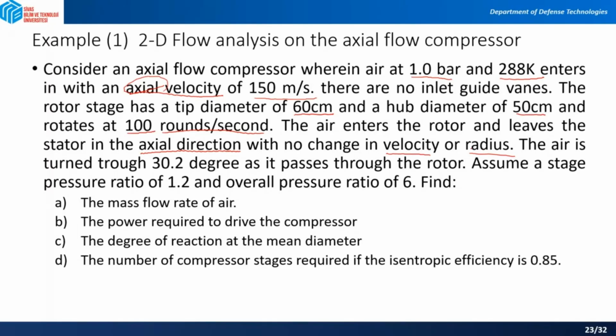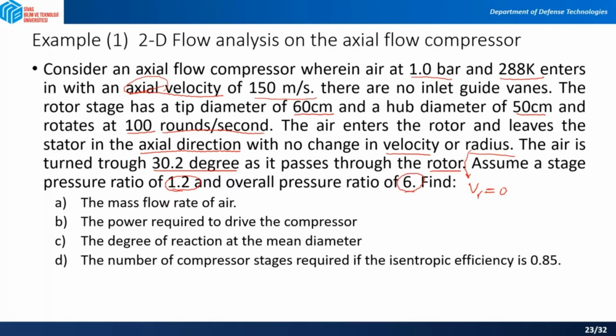So no change in radius means your VR is 0. The air is turned through 30.2 degrees as it passes through the rotor. Assume a stage pressure ratio of 1.2 and overall pressure ratio of 6.